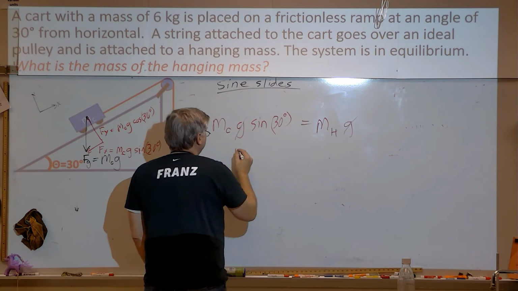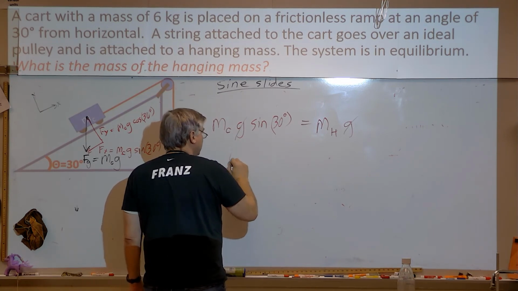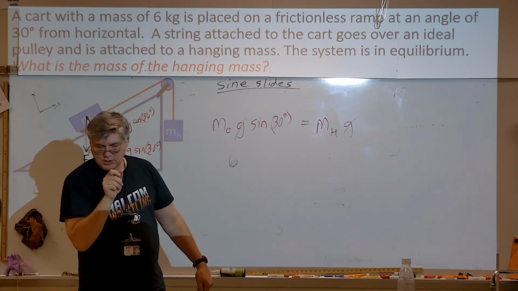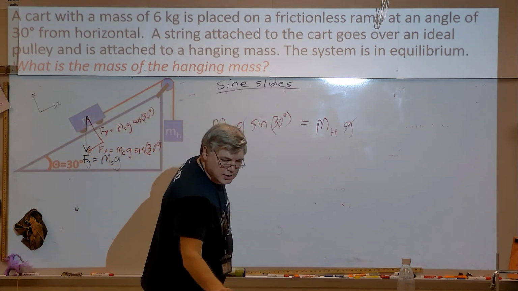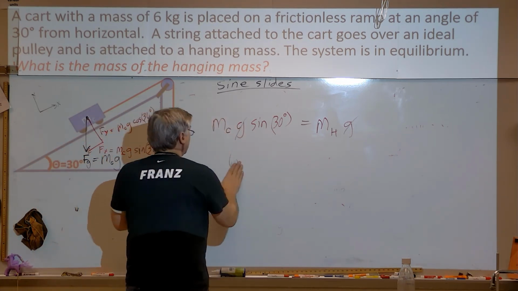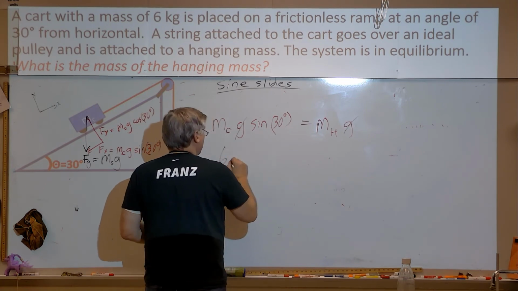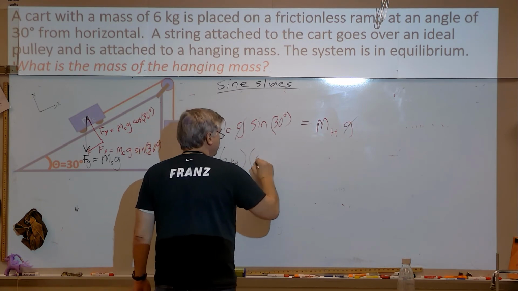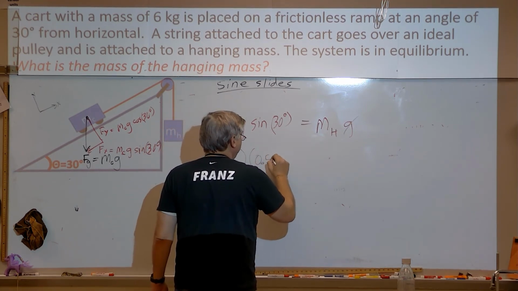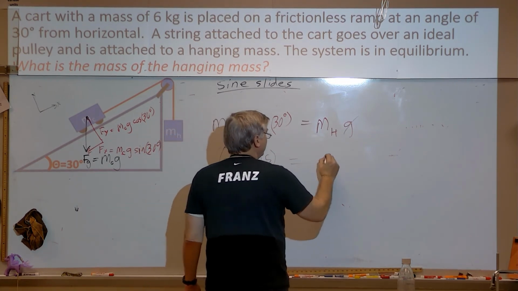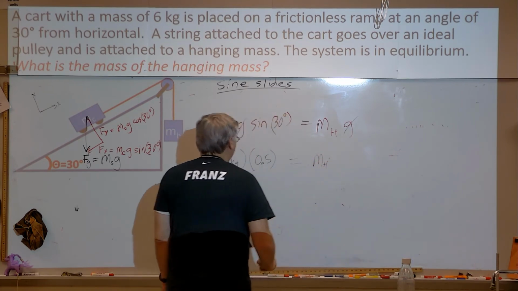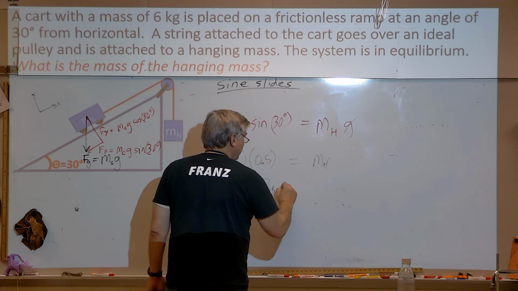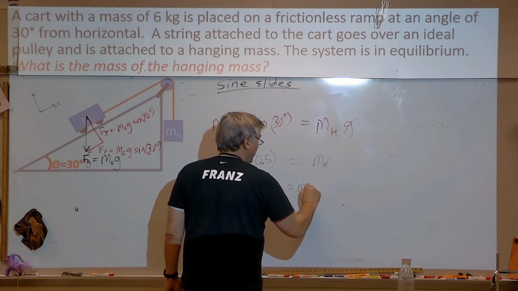So 6 kilograms, and the sine of 30 degrees is 0.5. That's why I pick it all the time. That is equal to the mass of the hanger. 6 times 0.5 is 3 kilograms, equal to the mass of the hanger.